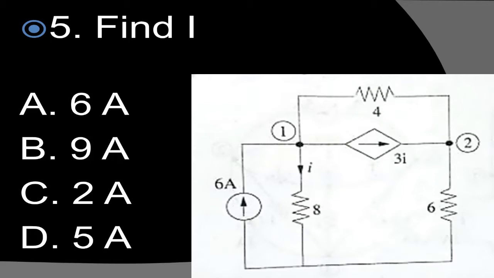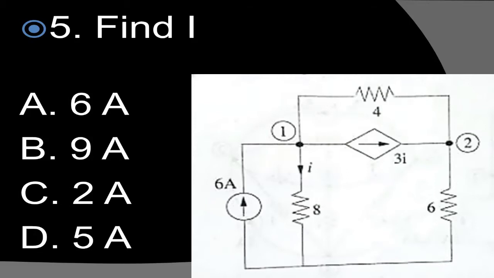We have an independent current source of 6 amperes. We have an 8 ohm resistor here, then a 6 ohm resistor, then a 4 ohm resistor. The current controlled current source is 3I. So we have here 3I.